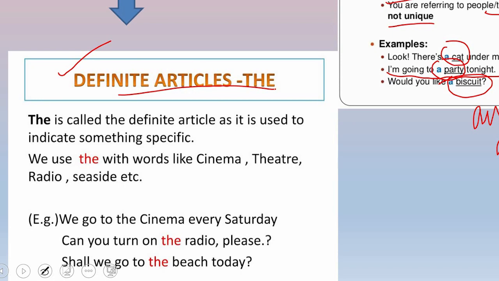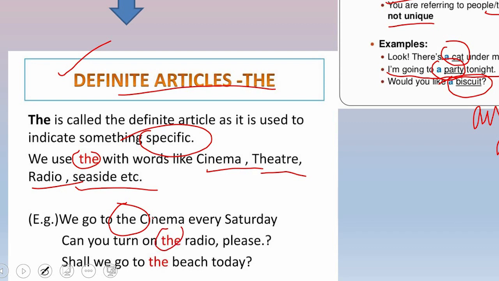This is called the definite article, as it is used to indicate something specific. We use the with words like cinema, theater, radio, seaside, etc. For example, we go to the cinema every Saturday. Can you please turn on the radio? Shall we go to the beach today?